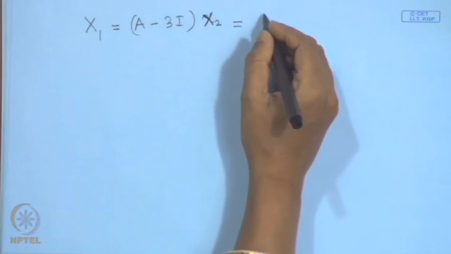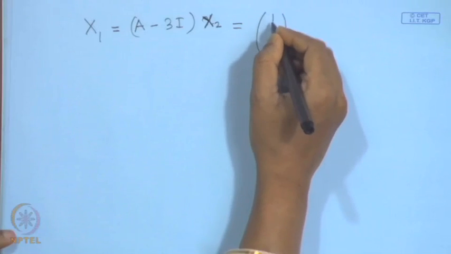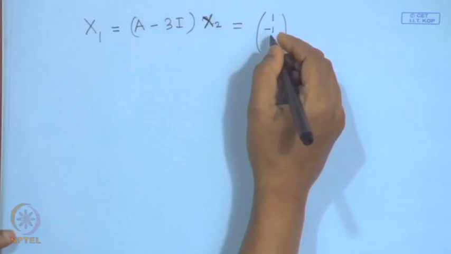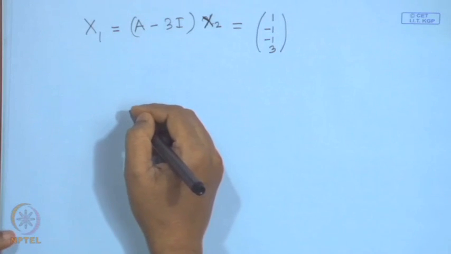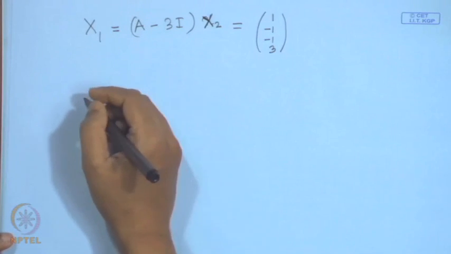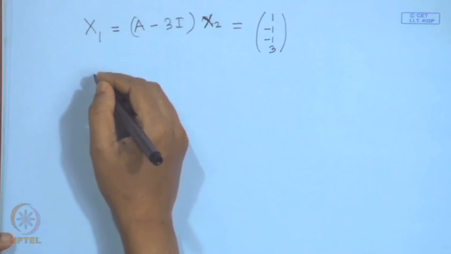We get x 1 to be the vector 1, minus 1, minus 1, 3. So, now we have got x 1 and x 2.